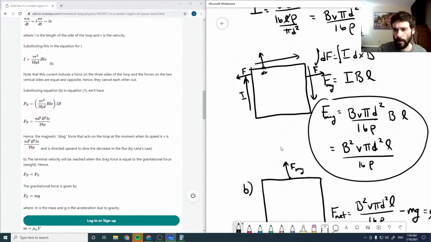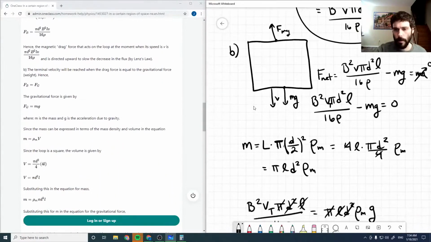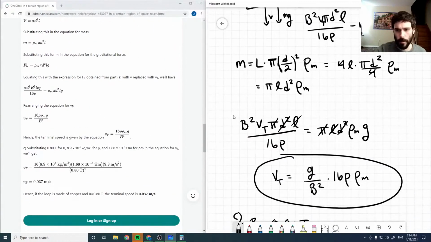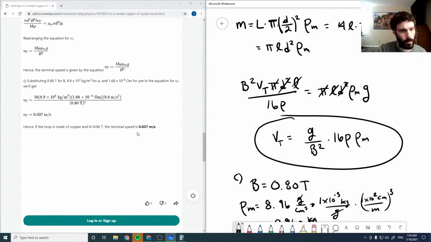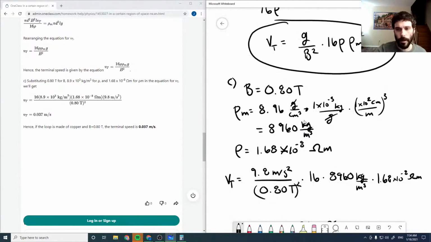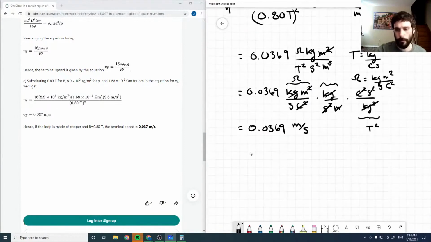And so then we get an L up top, so there's our magnetic force. So again, that looks okay. Our magnetic force is going to equal our mg. So our terminal velocity is, so that looks good. And then using values that we look up, 8960, so that's about the same. 1.68 times 10 to the minus 8, so that's good. And it comes out to be 0.037, so yep, that looks pretty good.